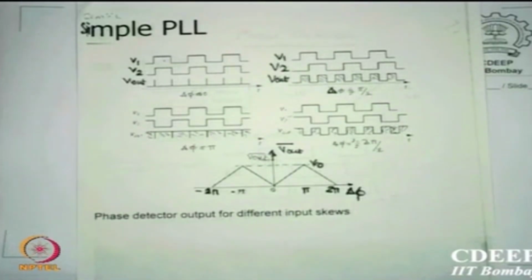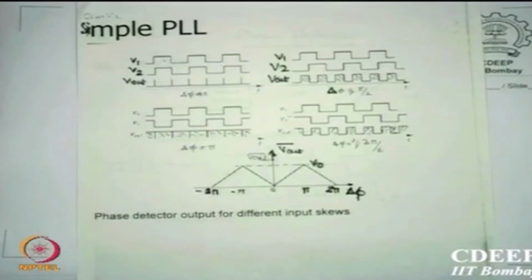So depending on the skews you have, you can always get the output, and this output when averaged can change the VCO frequency and bring it back to V2 and keep comparing between V1 and V2, so that finally they lock to a close by value. Up to 1 cycle, yes. 1 cycle phase range is this, phase detection is possible, and locking is also possible. More than 2 pi, the second clock starts, no lock starts, it does not pick up.